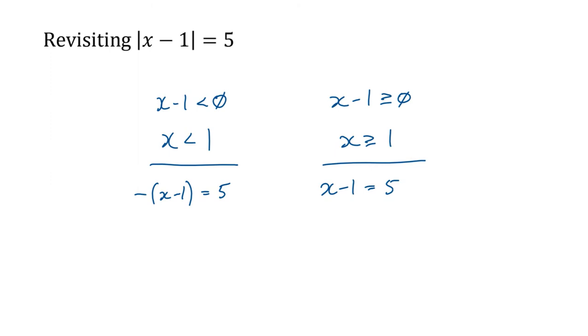Now, the reason this works is because I've defined my cases separately. I've defined this case on the left as the case when it works out to be a negative. When x is less than 1, I'll use this. When x is greater than or equal to 1, I'll use that. So I've separated my cases and defined it that way. So when I solve them, I'm going to get proper solutions kind of thing. So how do we solve this one?